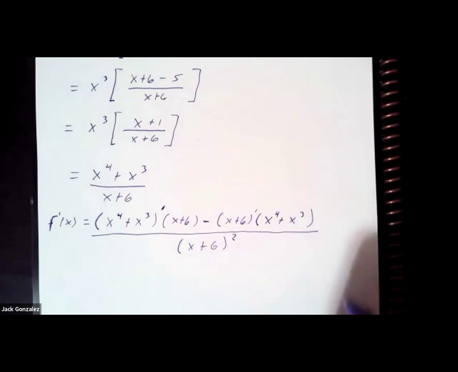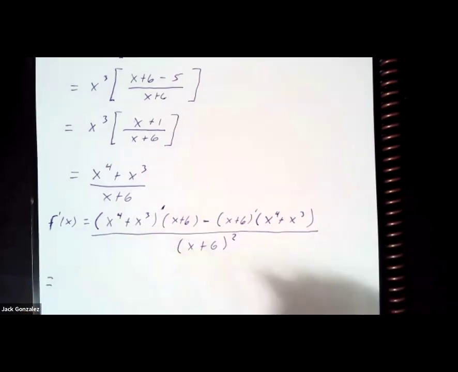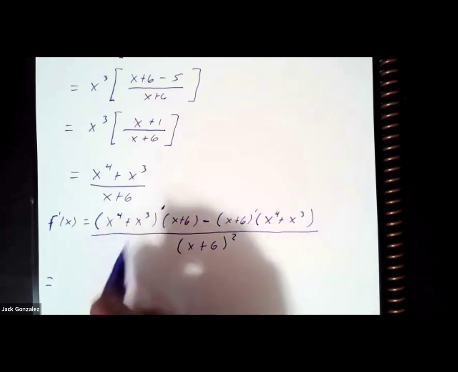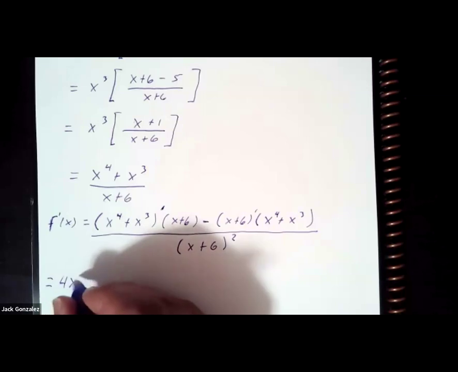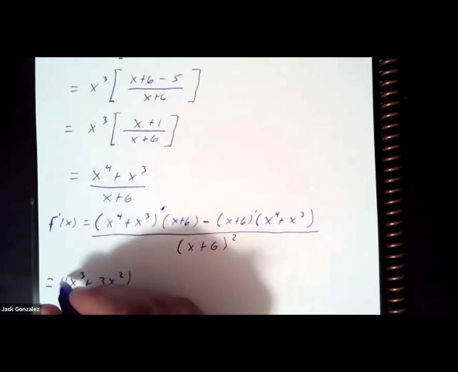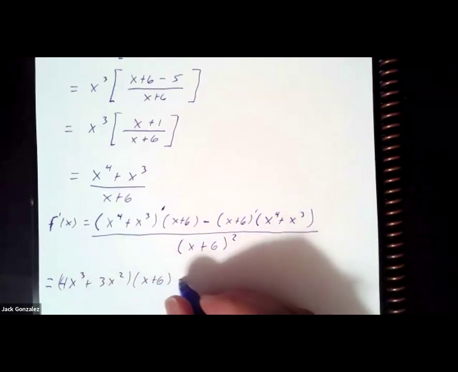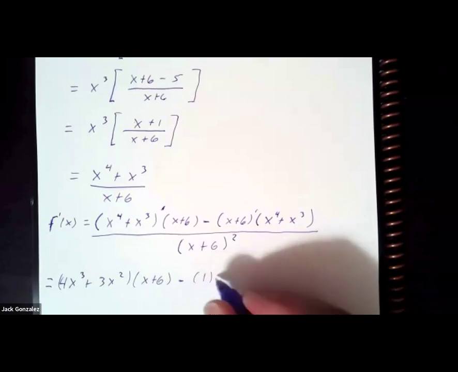I didn't write the derivatives. I should have, but I did not. So derivative of this part will be 4x cubed plus 3x squared minus 1.